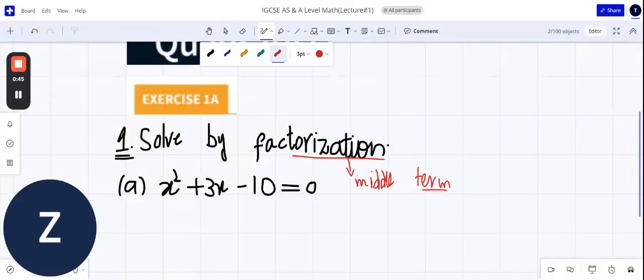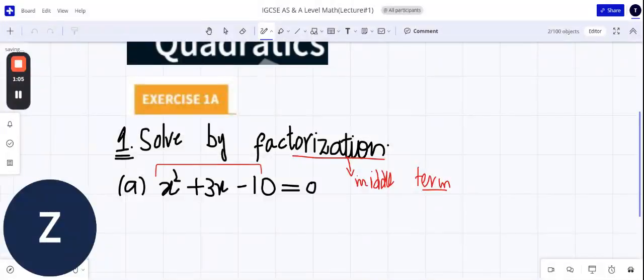We are going to solve the equation because there is the equal sign, and this is a quadratic equation. The highest degree of the variable is 2. So the first point, to solve by factorization, is to multiply the constant value with the coefficient of x squared.